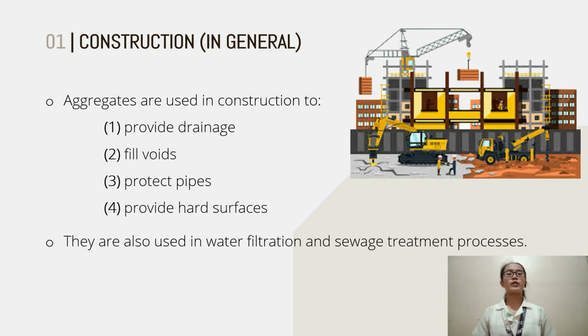And next is to protect pipes. Pipes laid to convey treated water or as conduits for cables need to be protected from sharp objects on the ground. So aggregates are laid on before the trenches are backfilled. And the last one is to provide hard surfaces.